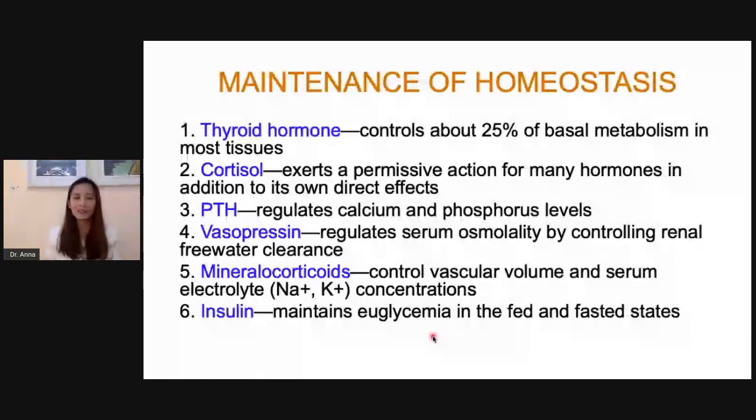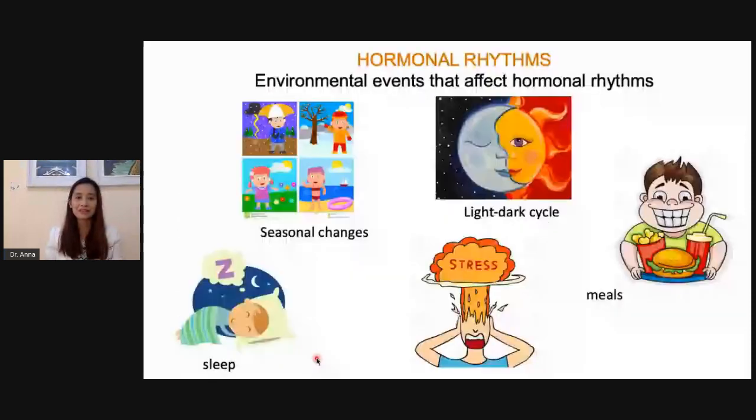We talked earlier about hormonal rhythms, and environmental events all affect hormonal rhythms. So seasonal changes can affect levels of hormones. That's why in some countries, when it's winter time, more people experience depression, because there is a hormonal contribution to this phenomenon during winter.